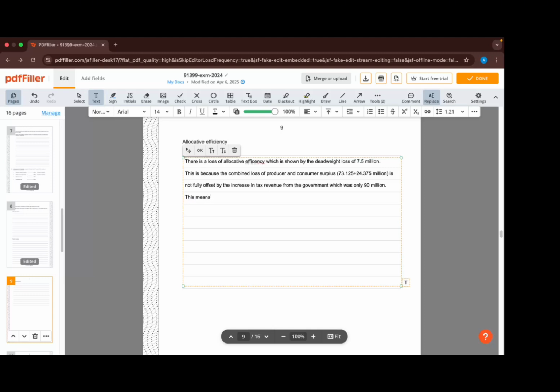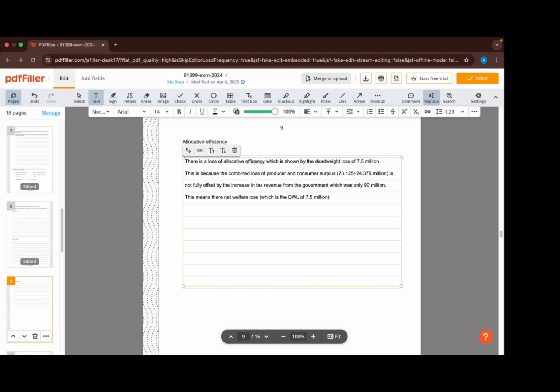Means welfare before action. This means there's been a net welfare loss, guys. In brackets, deadweight loss 7.5 million. Okay.